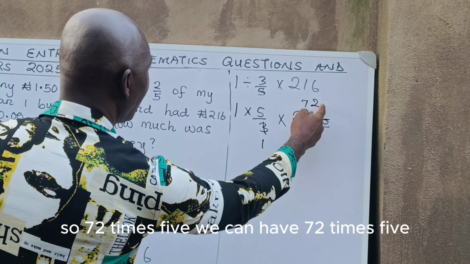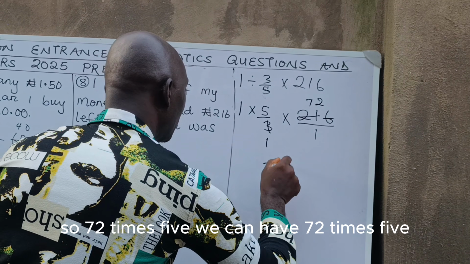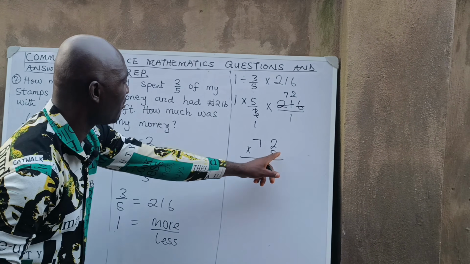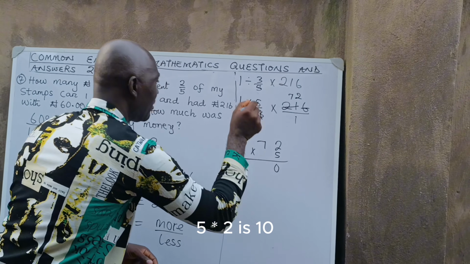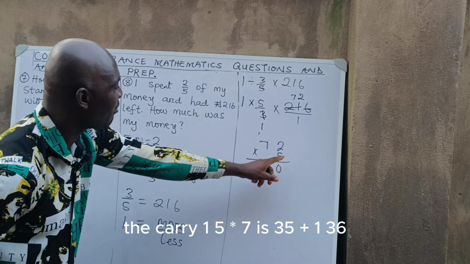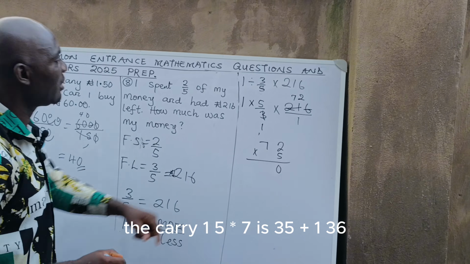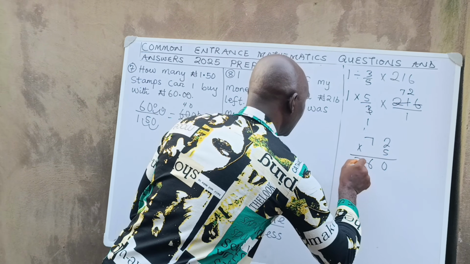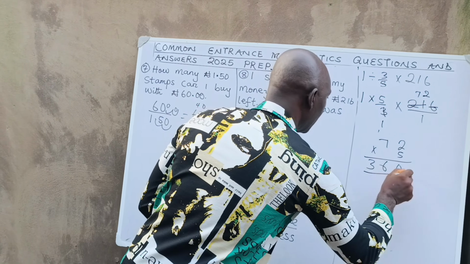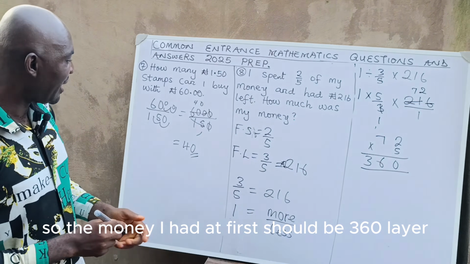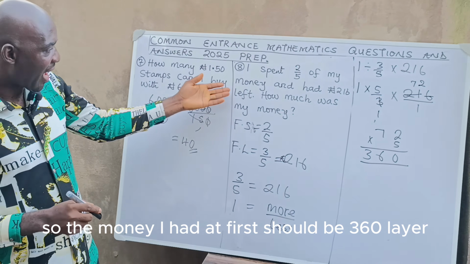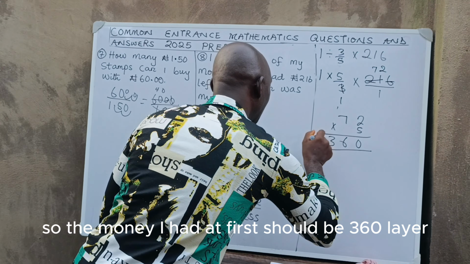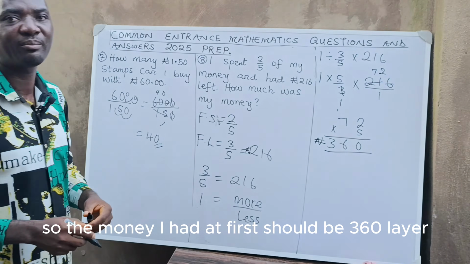So 72 times 5: 5 times 2 is 10, we carry 1. 5 times 7 is 35 plus 1 is 36. So the money I had at first should be 360 naira.